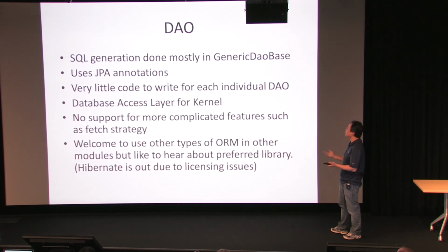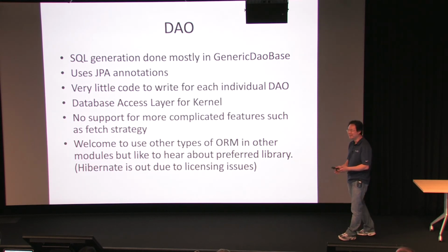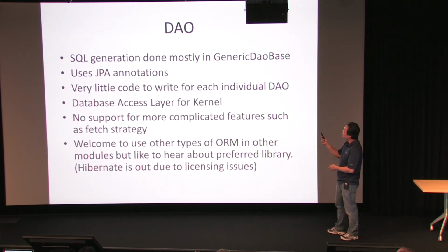At the same time, we do not want everyone to write their own SQL, because a lot of our guys actually are kernel developers, and they have no idea what SQL means. I'm serious. So then we wrote these DAOs that allow it.